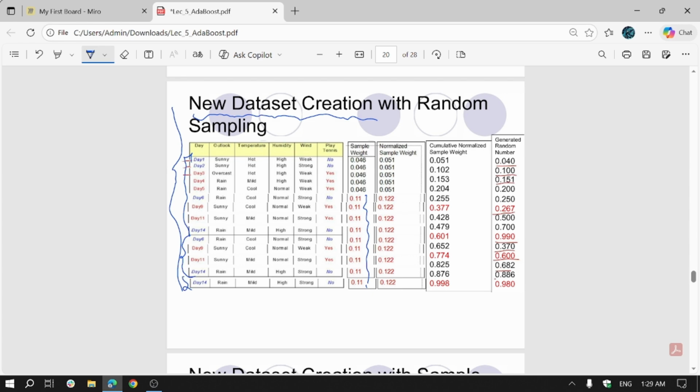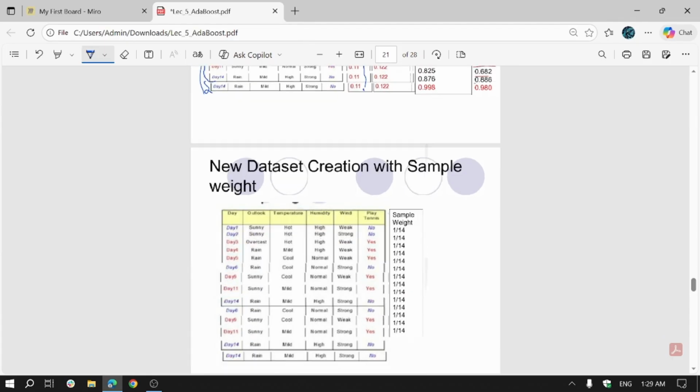Here you can see there are 14 samples as before, but we have given priority to the misclassified data. And then you can see the new dataset.